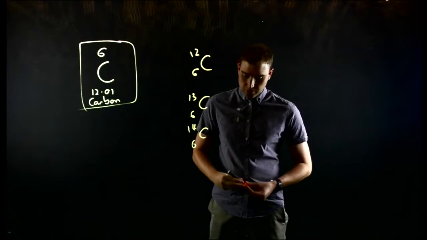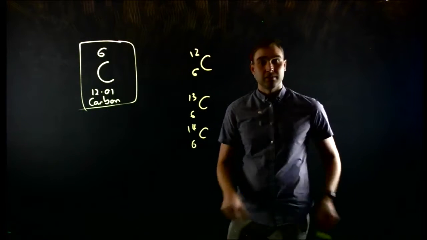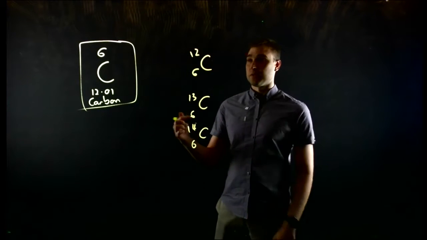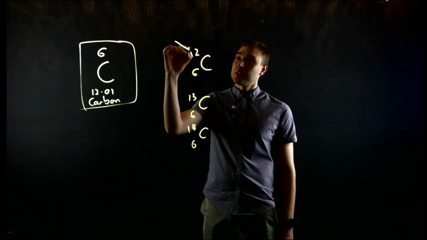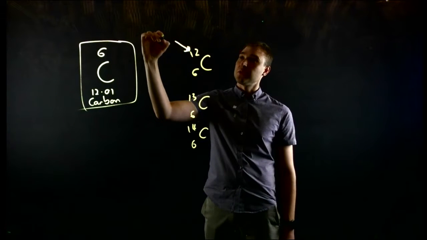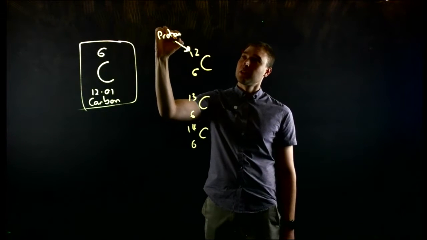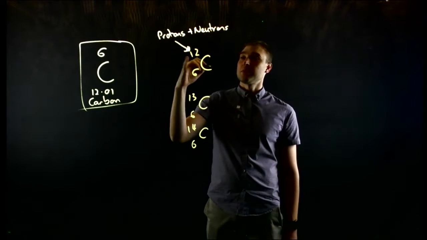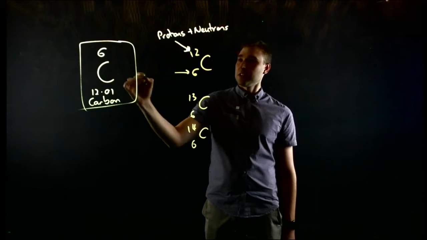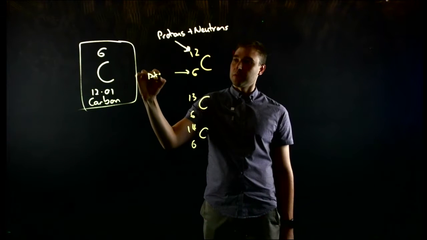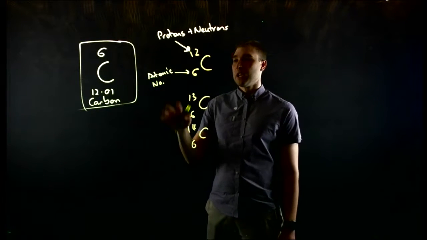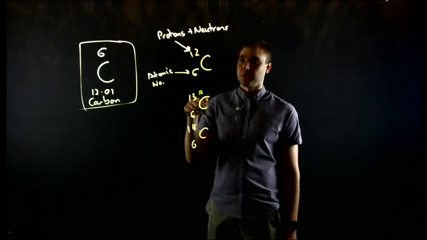If we look at these symbols, they tell us a lot about what is in the atom and how the isotopes are different from each other. The mass number up here tells you the number of protons plus neutrons. The atomic number down here tells you the number of protons in the nucleus.